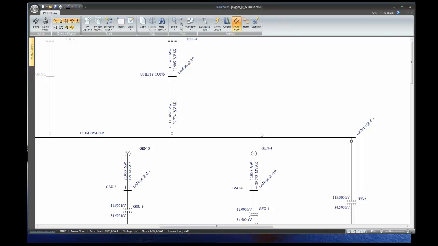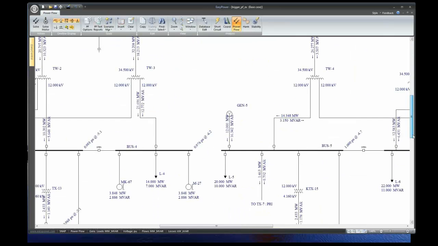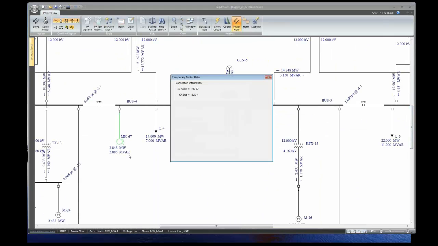All right, so just remember that the kilowatts or megawatts that show up are really based on the loads that you defined. If I go down and look at a motor load, this is computed at a 7,000 horsepower motor.